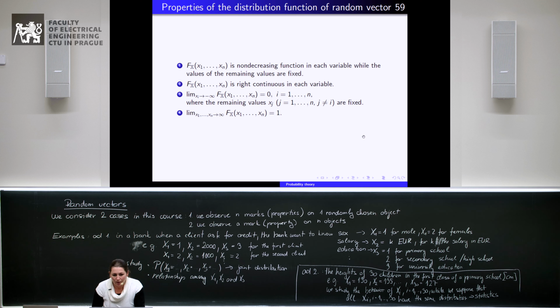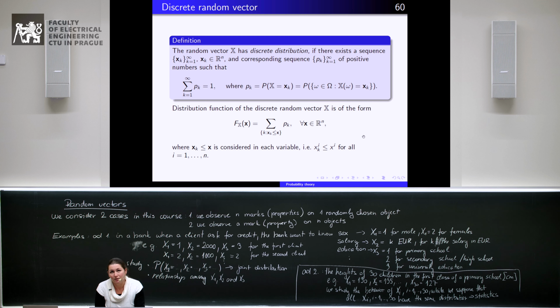It has analogous properties to the properties of the distribution function of a random variable, but I would skip this case, and I would focus on the discrete and continuous random vectors separately.